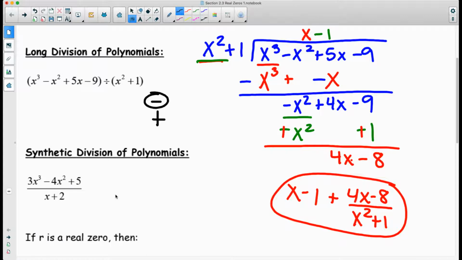What's missing in this one? X. So make sure you put a 0x.